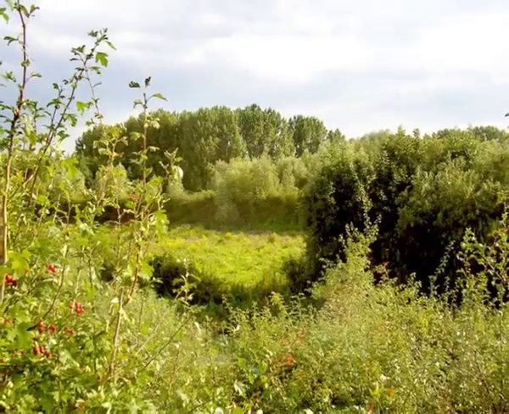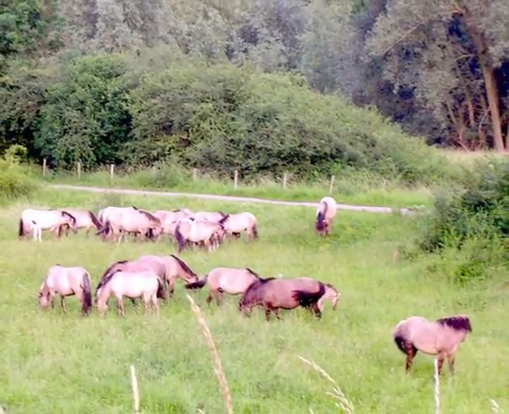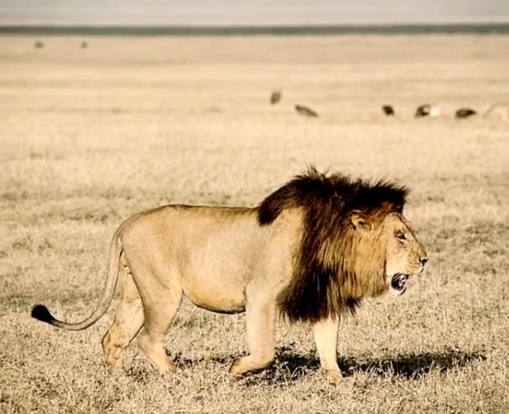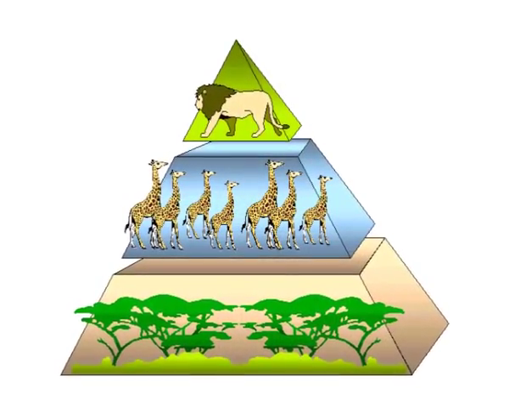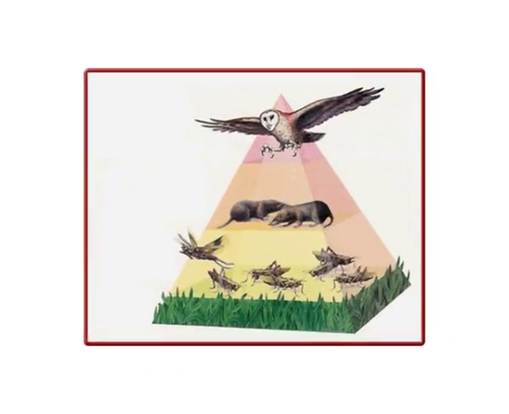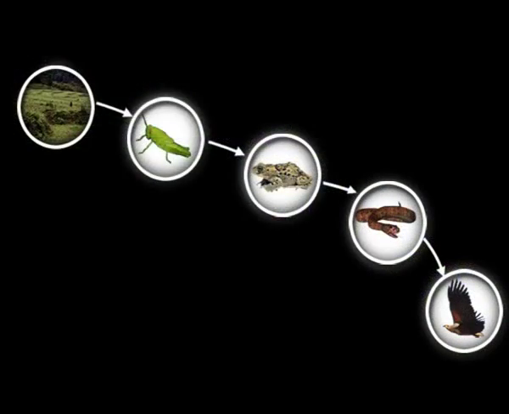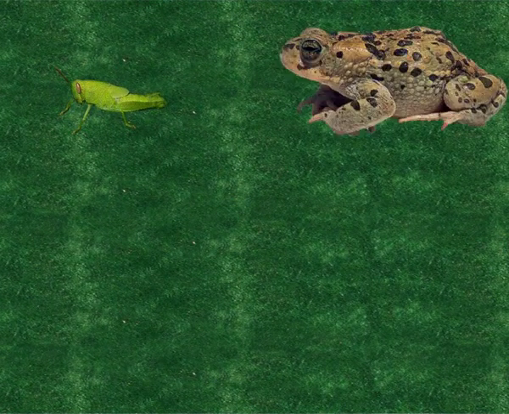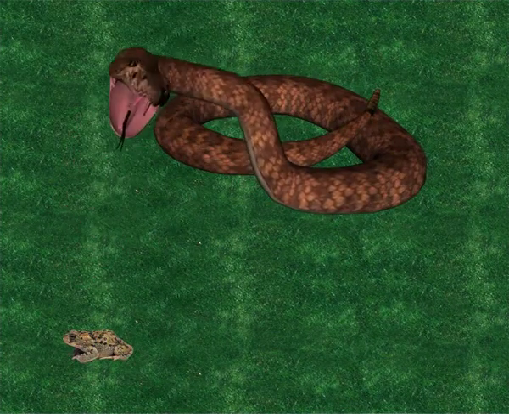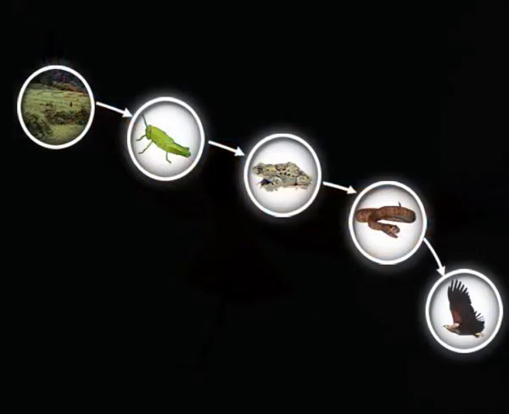That is, producers are more in number than the herbivores, and herbivores are more in number than the carnivores. It depicts that pyramid of energy is always upright, can never be inverted, because when energy flows from a particular trophic level to the next trophic level, some energy is always lost as heat at each step.